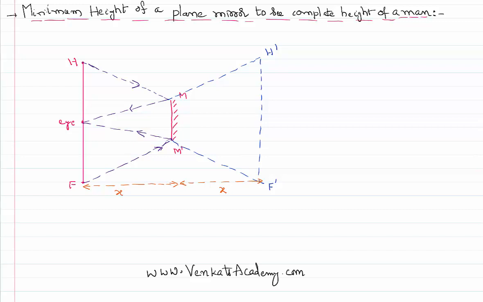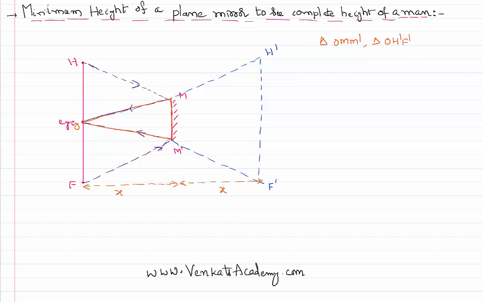Now you can see there is a kind of similar triangle. If I name this point O, this is one triangle, O M dash, O H dash.